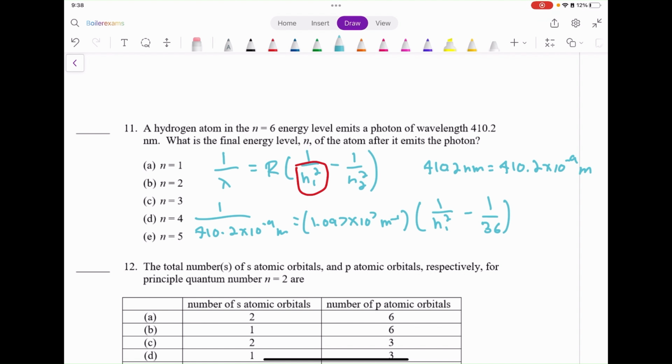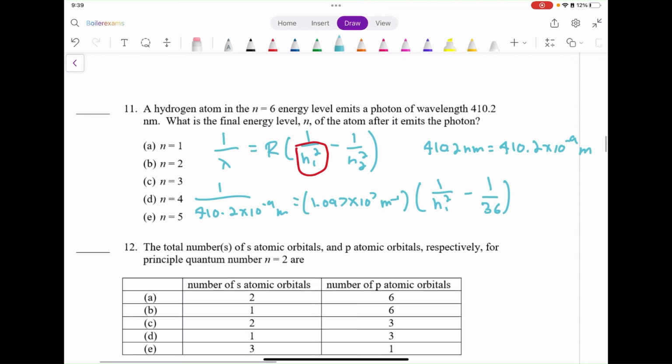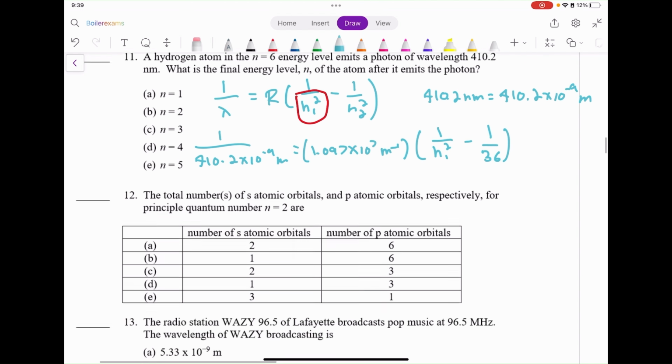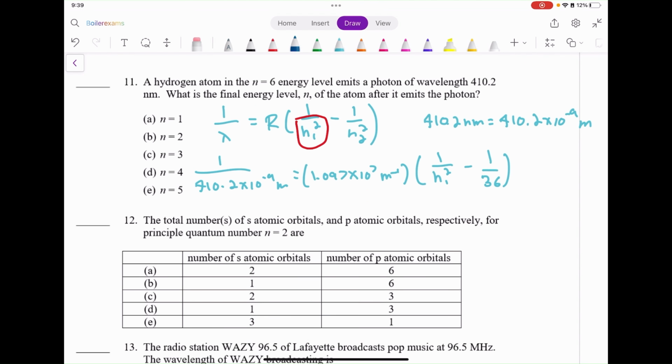Let's start throwing stuff in our calculator. 1 over 410.2 times 10 to the negative 9th gives me, I'm going to do 2 steps here. So I solved this, and now this is sitting in my calculator, and I'm going to divide this over the Rydberg constant.